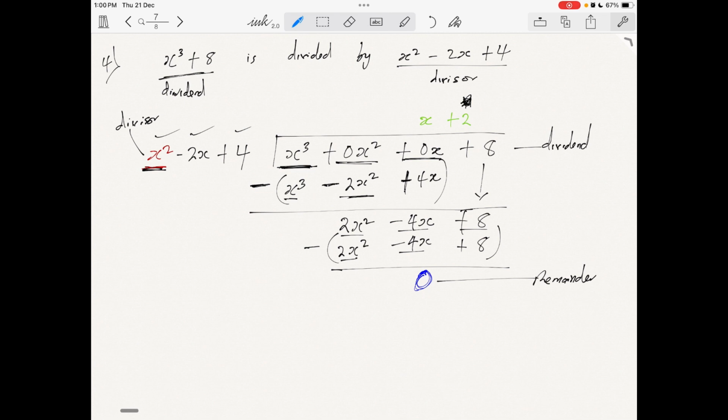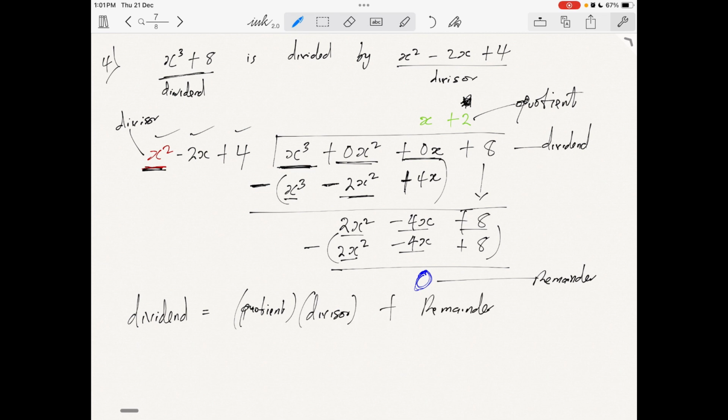Now so let's conclude this and say that, as usual, dividend is equal to quotient multiplied by the divisor plus the remainder.